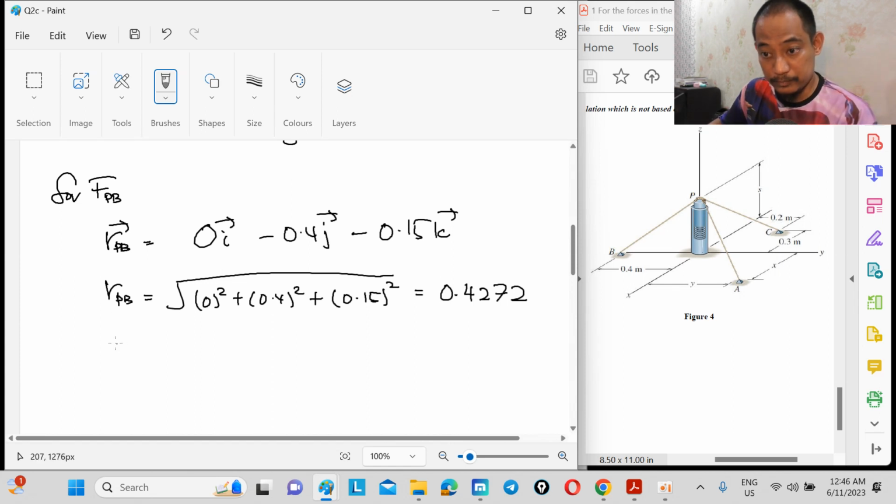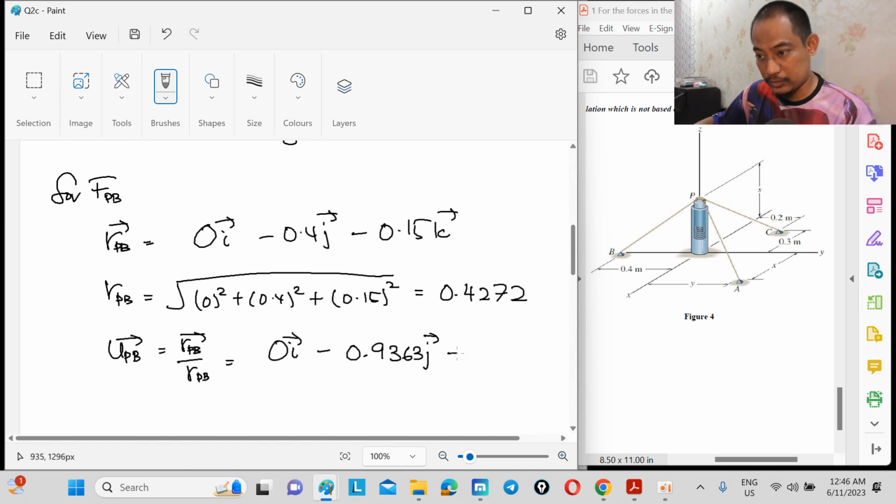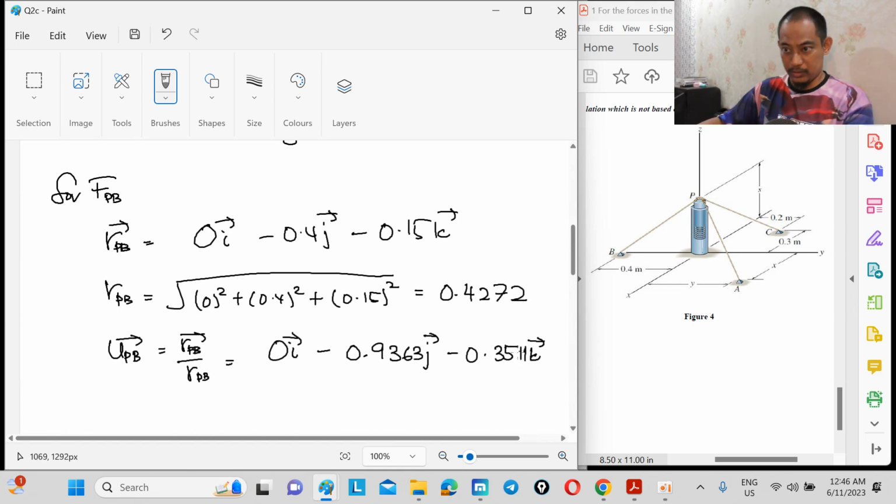So UPB is RPB divided by the magnitude, equal to 0i minus 0.4 divided by 0.4272, which is 0.9363j, and minus 0.15 divided by 0.4272, which is 0.3511k.